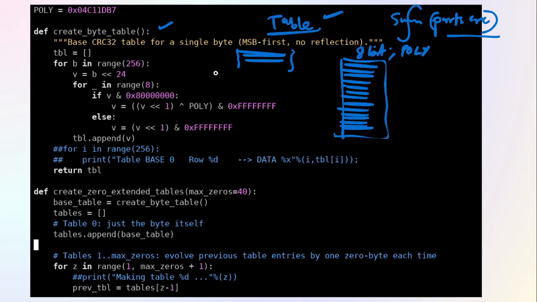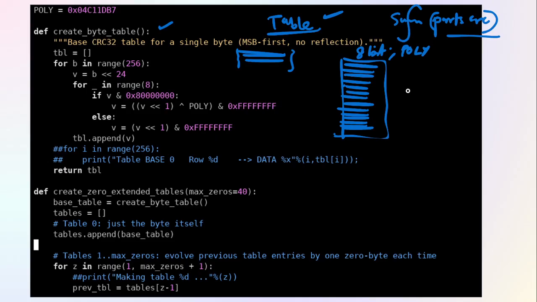The CRC computes, starting with an original value of 0, what the value of the CRC would be at the end of it.